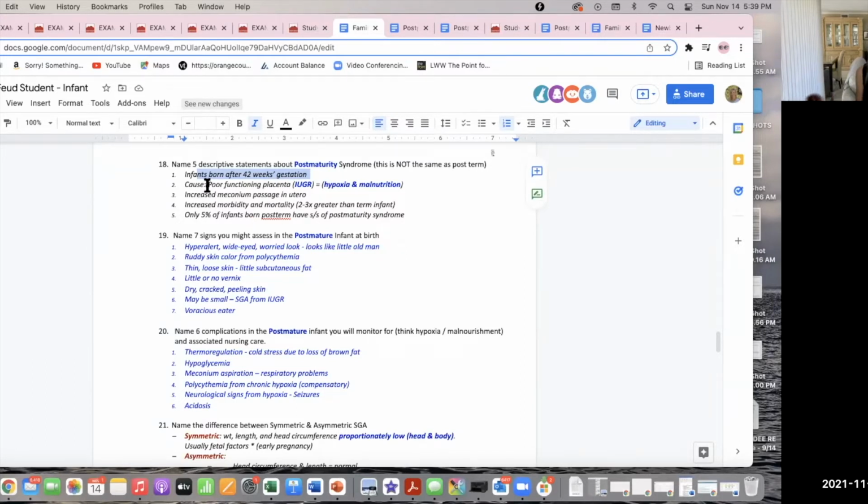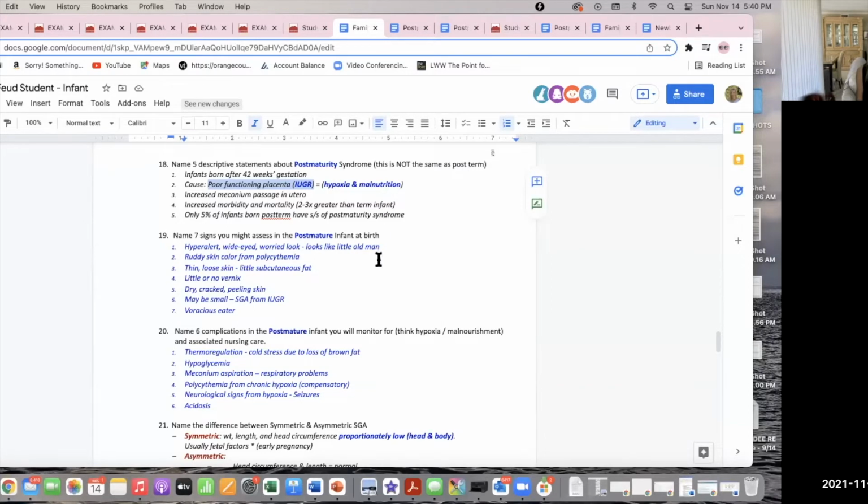So if the placenta starts infarcting for whatever reason, could be mom's diet, could be her hypertension, could be her diabetes, but if that starts performing poorly, then that baby's not getting the perfusion. IUGR could occur, baby loses weight, and because it's not perfusing, baby's got hypoxia and baby's got malnutrition.